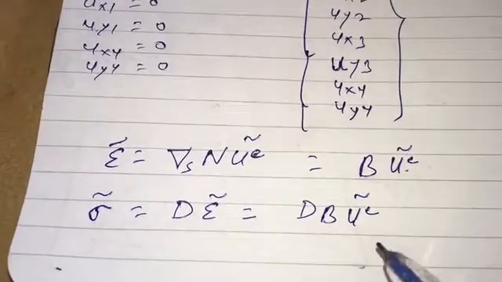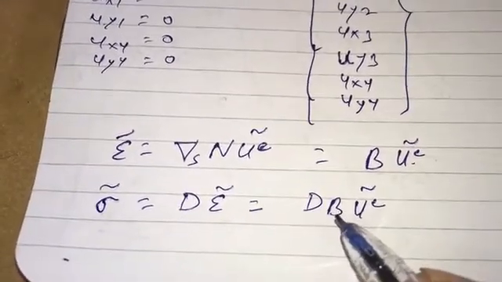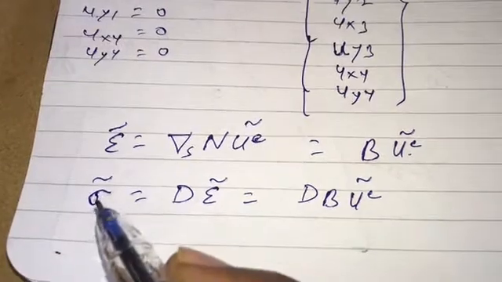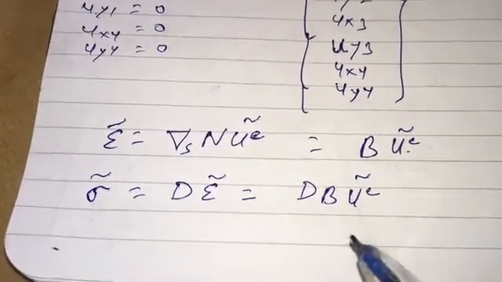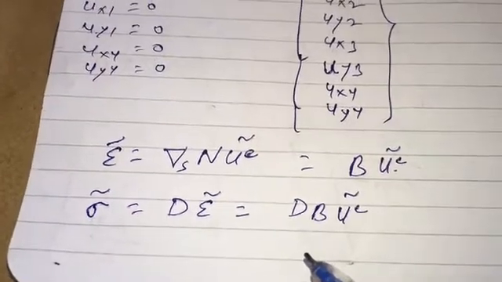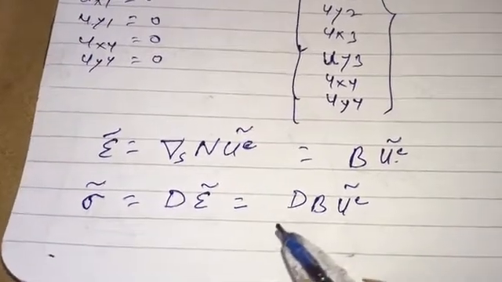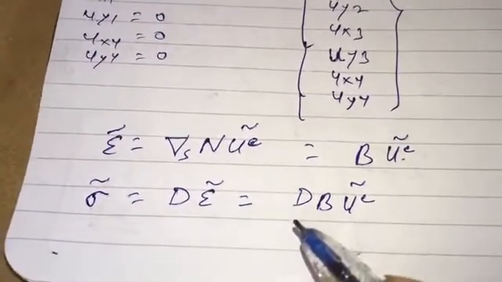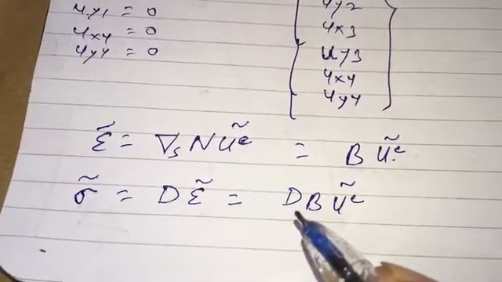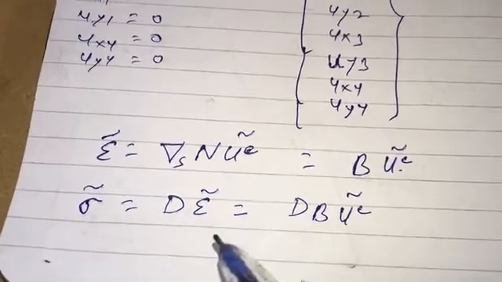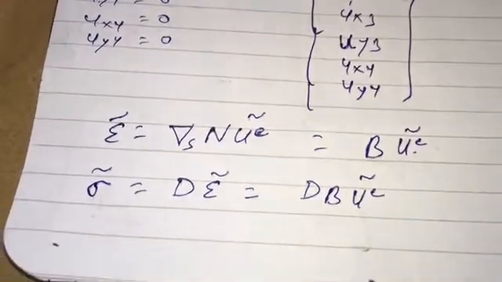Okay. Again, since B is a function of x y, you will find that sigma also varies within the element. Though it will vary linearly as B matrix is linear in x and y. So, that is why sigma will linearly vary within the element.